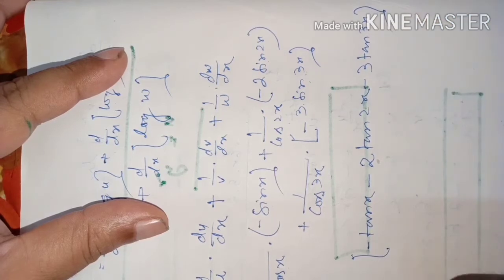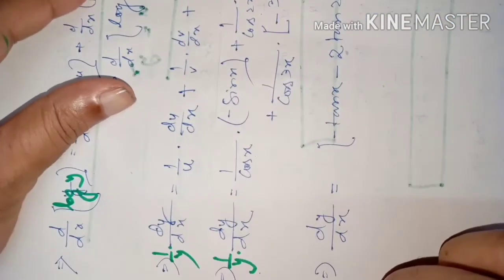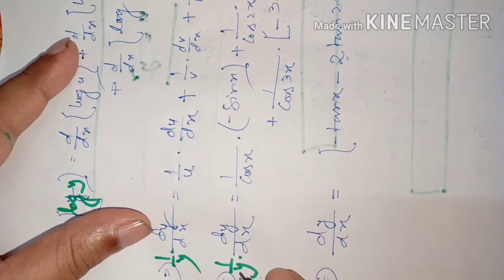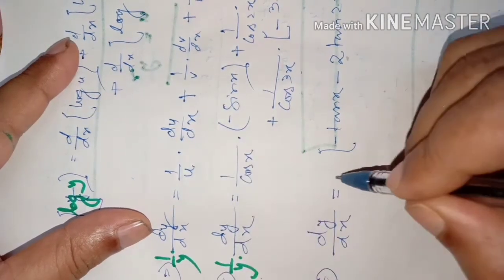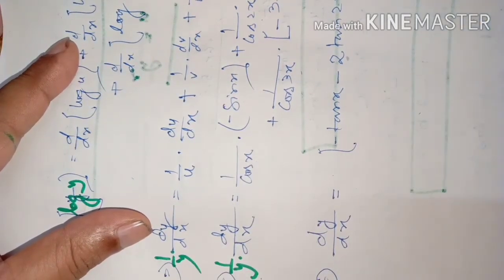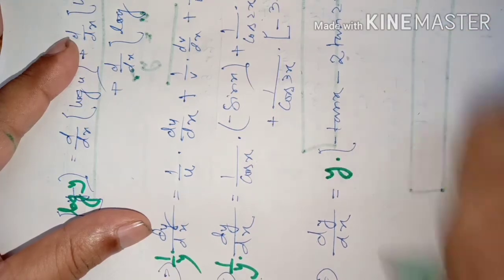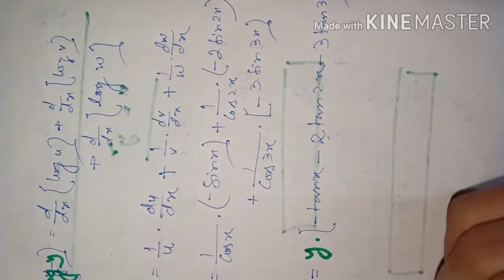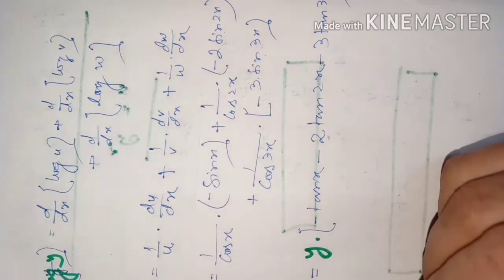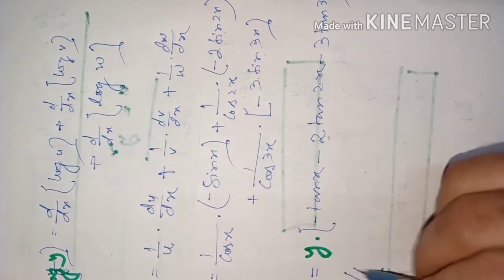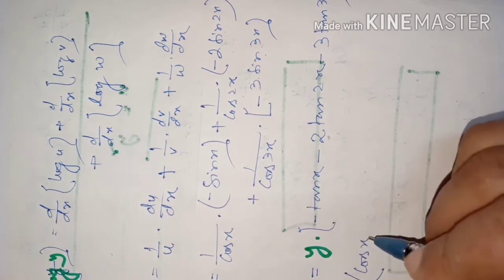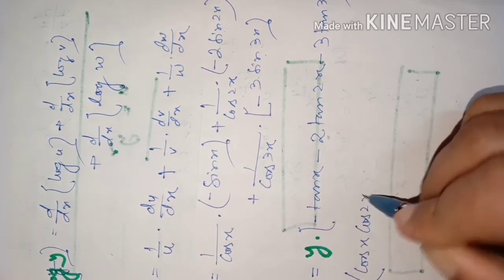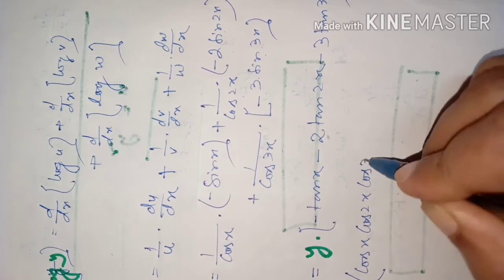And this 1 by y from the left hand side will go to the right hand side, so it will be y, which gets multiplied here as a numerator. So now I put the value of y. What was that value of y? We supposed y to be cos x into cos 2x into cos 3x.